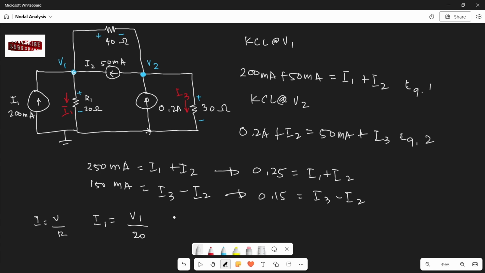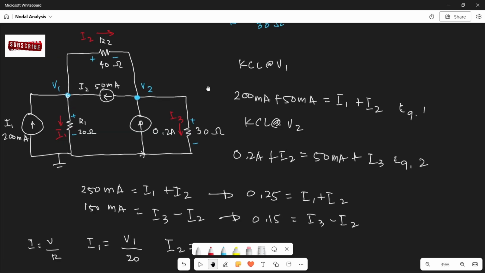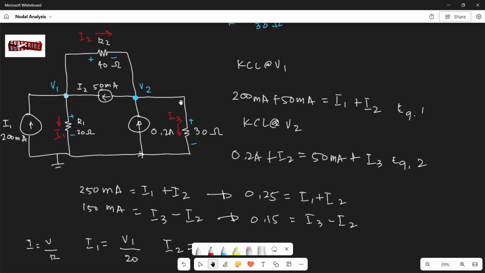And then we have I2 is equal to the voltage across resistance R2. The voltage across R2 will be the potential difference between these two points, because R2 is in parallel with the current source.